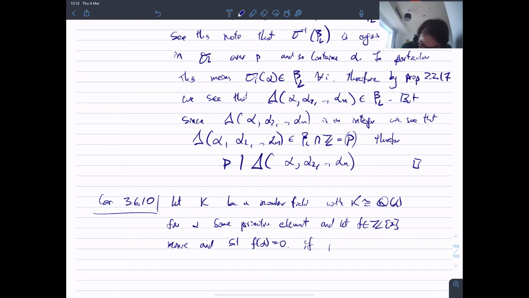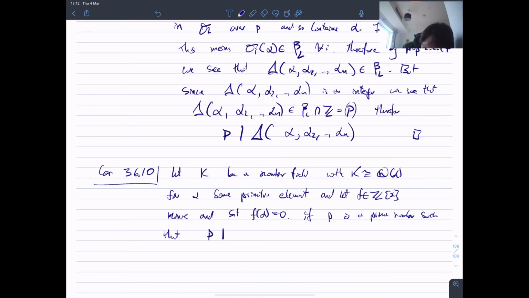Then if p is a prime number such that p doesn't divide the norm from K to Q of f'(alpha), then p is unramified. So you can use the above theorem to tell us when things aren't ramified.